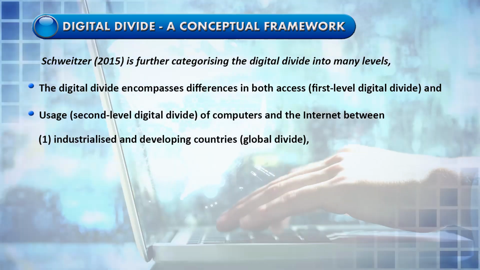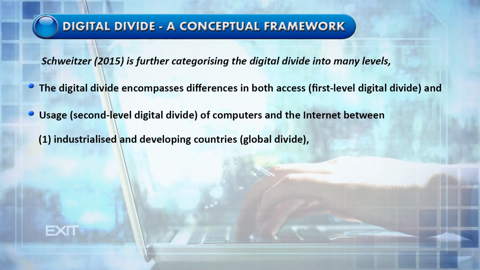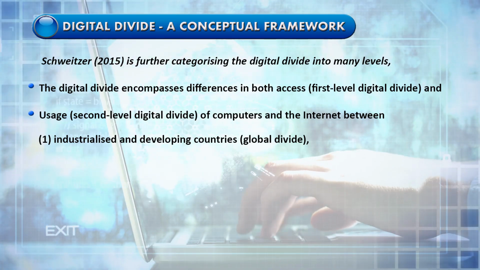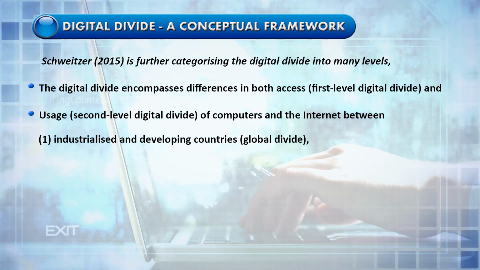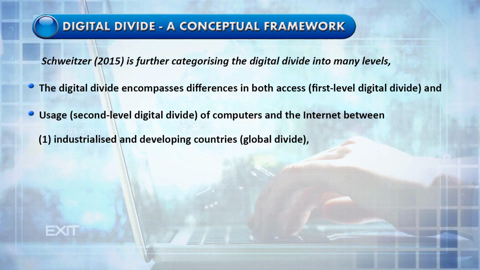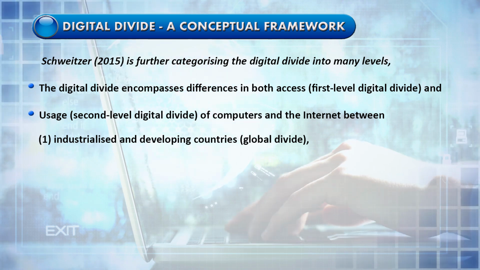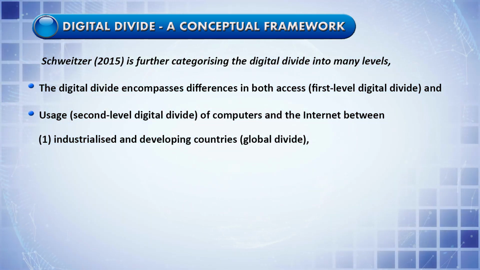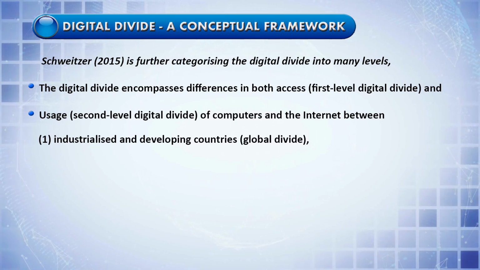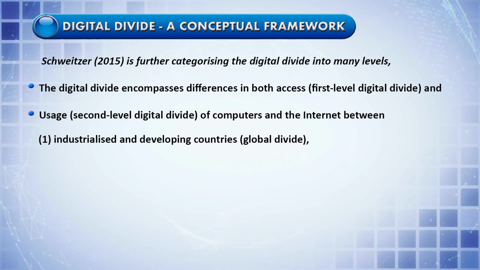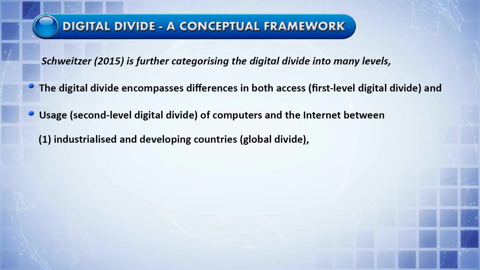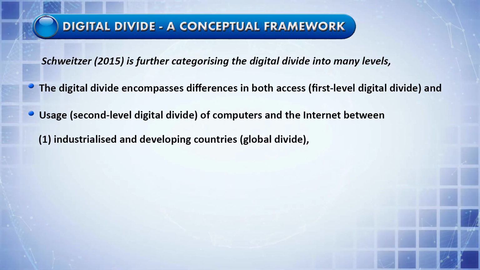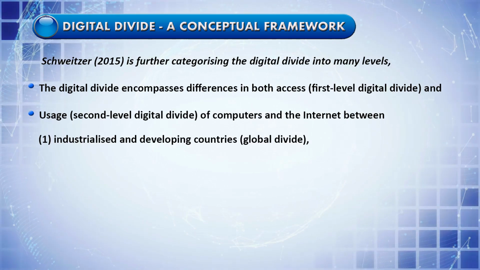That's a global divide. In the last global ICT policy presentation, we saw the difference between developed countries, developing countries and least developed countries, 57%, 47% and 9.1%. We saw huge differences in internet penetration among households and individual internet connectivity. This is the global divide.